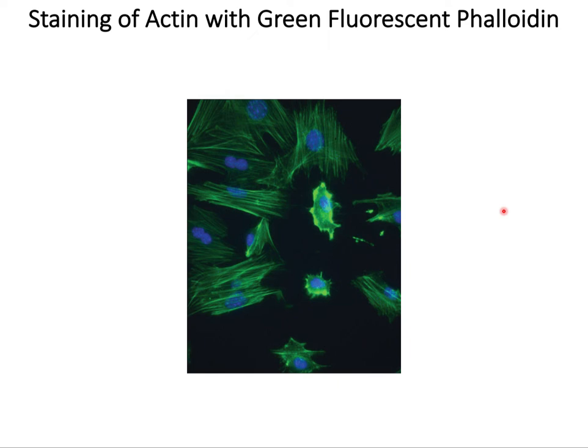When you stain the cells, the phalloidin will bind to the actin within the cells and you can visualize it with fluorescence microscopy. So instead of using an antibody to actin, you can use a fluorescent version of phalloidin. Right here is an image of cells stained with green fluorescent phalloidin, and these large blue circles are the nuclei that have been stained with a nuclear stain like DAPI or Hoechst.